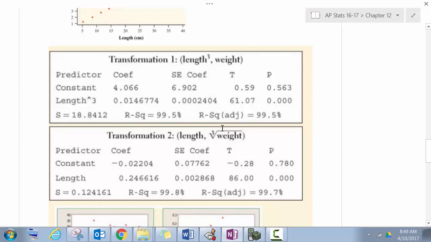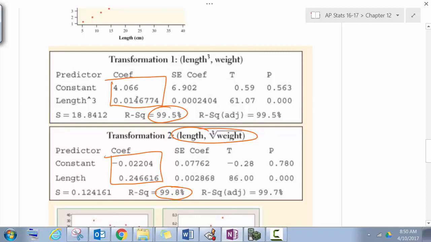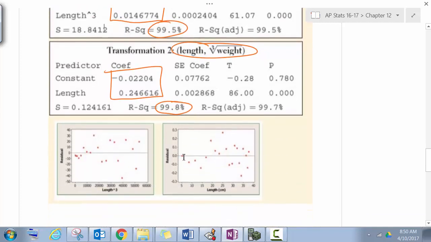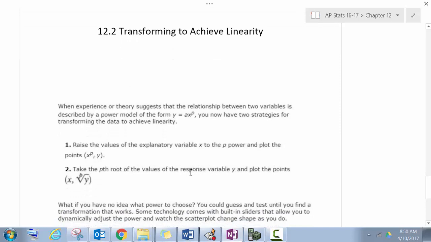And you notice that this one's actually a little bit better because our r squared is 99.8 as opposed to 99.5. We still have our A and B. We have length here, but we have length cubed here, but it does say what transformation happened. And you can see that both residual plots are linear. So we don't have to worry too much about that.